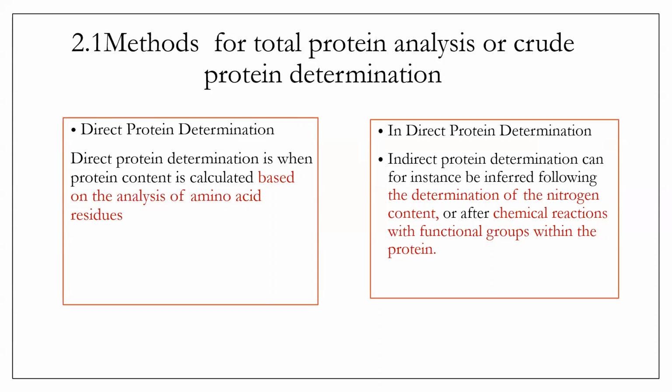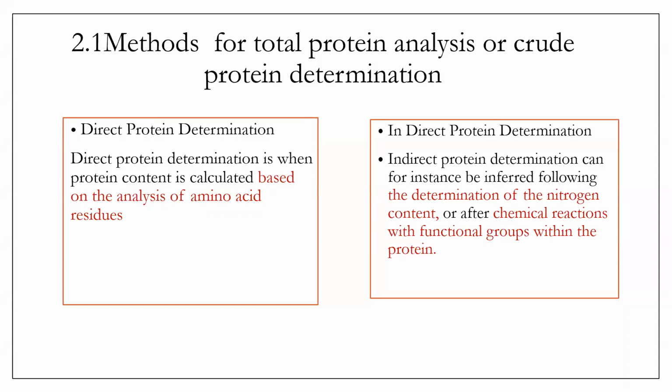In this, your crude protein sample, the extract you are taking, is kept with the enzymes for 24 hours or 48 hours of incubation. Once the digestion has been done, a chromatographic technique is used to separate the amino acids, and from there the molecular mass and the protein content is calculated.